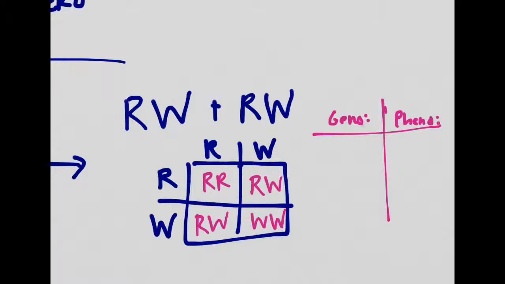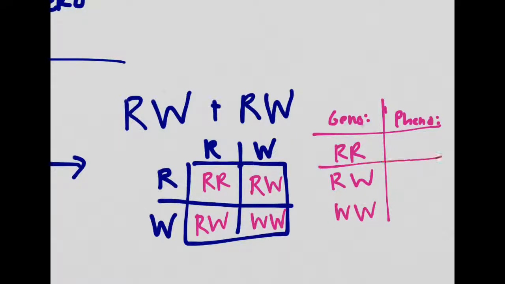So in terms of genotypes, we have this RR. We also have RW. And then last but not least, we have WW.